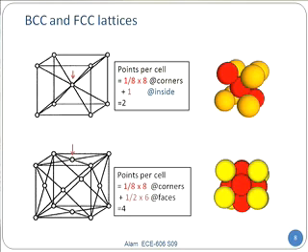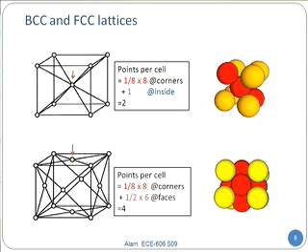Face-centered cubic has not only atoms on 8 corners, but there are 6 faces. And on each face, there is an atom sitting there. So in that case, how many atoms do I have? Well, I have 8 corners, 1/8 multiplied by 8. That's 1, just like the cubic one. But remember now, each face atom is being shared by 2: one in the bottom, one in the top, one in the left, one in the right.